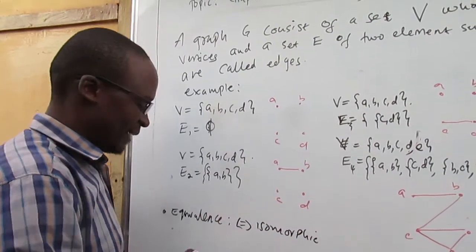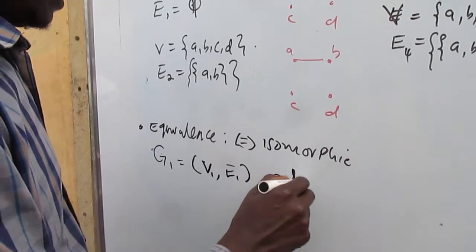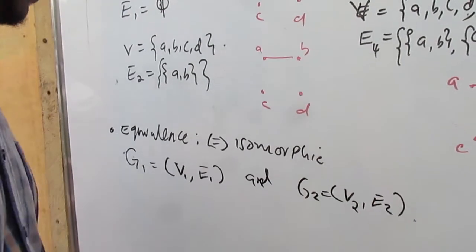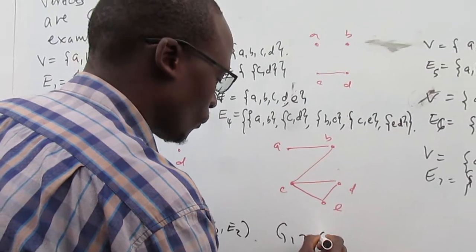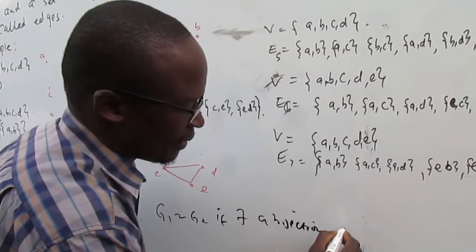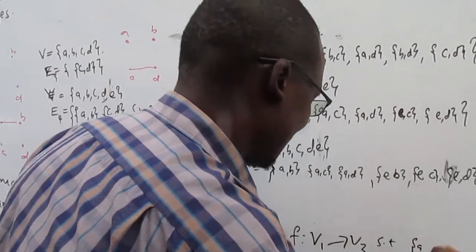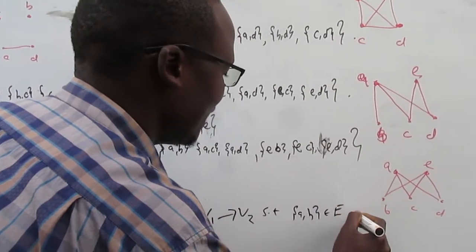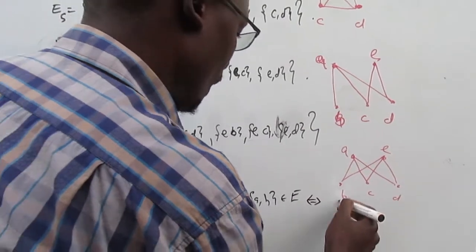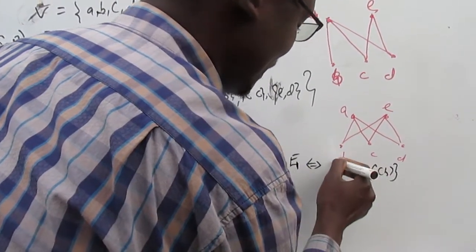When we talk about isomorphic graphs, we simply mean, if we have two graphs G1 whose vertex set is V1 and edge set is E1, and another graph G2 whose vertex set is V2 and edge set is E2, then we'll say that G1 is isomorphic to G2 if there exists a bijection F from V1 to V2 such that AB is an edge in the first graph if and only if F of A, F of B is an edge in the second graph.